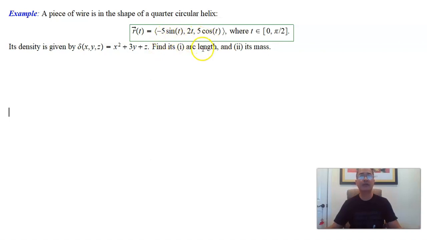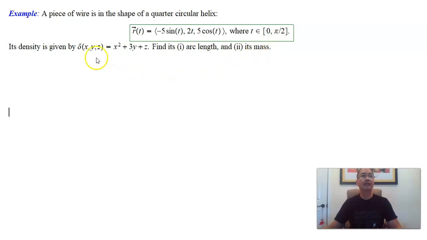Usually they're both positive coefficients. Let's play with them. Okay, so we can move the trig functions around, and we can have a negative coefficient as long as the absolute values are the same. -5, plus 5. They have to match. Okay, quarter helix, so our t will only go from 0 to pi over 2.